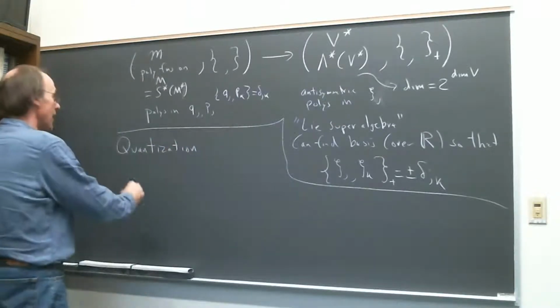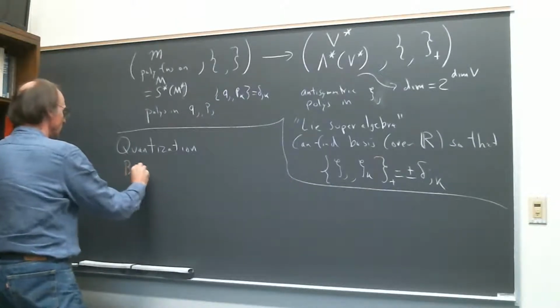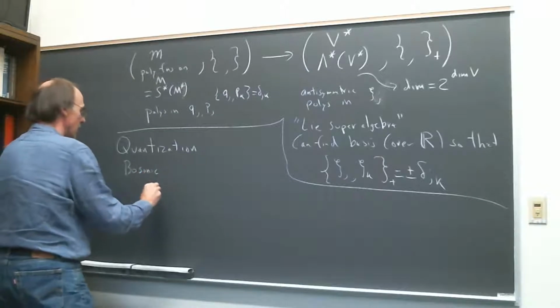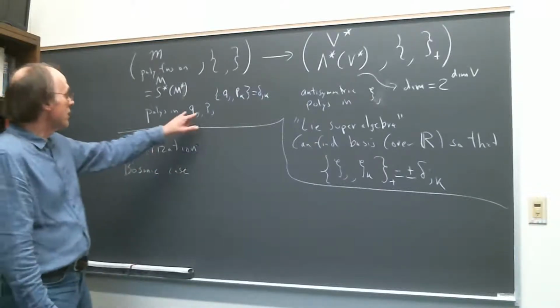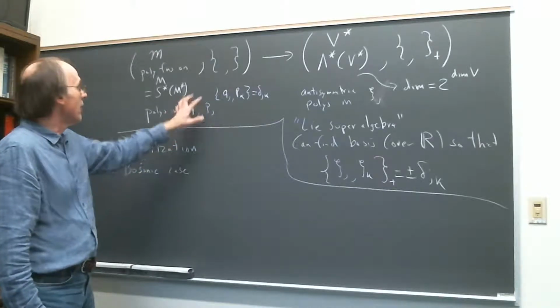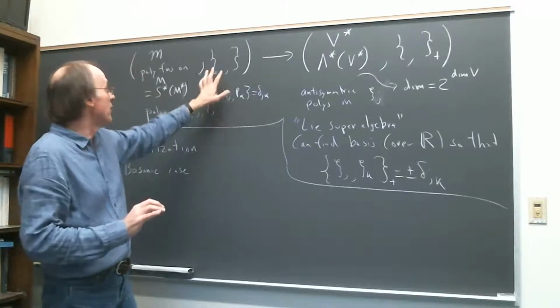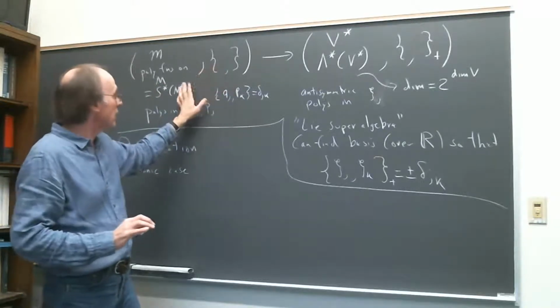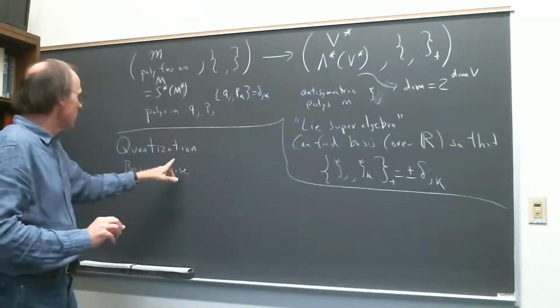So in the bosonic case, what we found was that there was a problem with doing this for any polynomial.